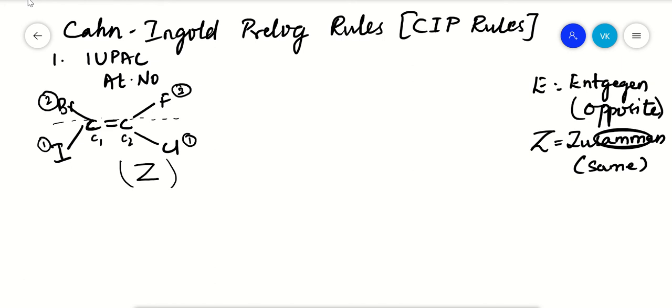The second rule is, if the atomic number is the same but the atoms are isotopes, then which is given more preference? Let us take one example. C double bond C, you have deuterium here, hydrogen here, tritium here, and H here.